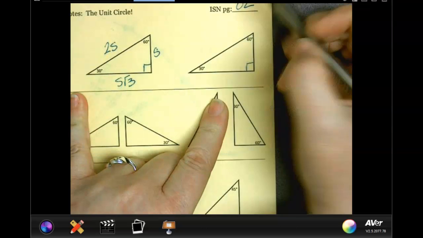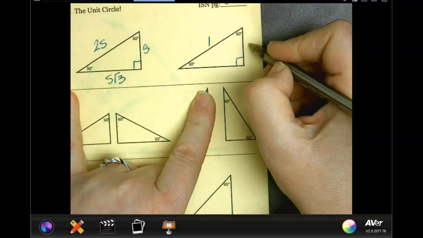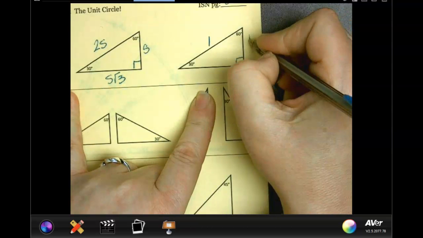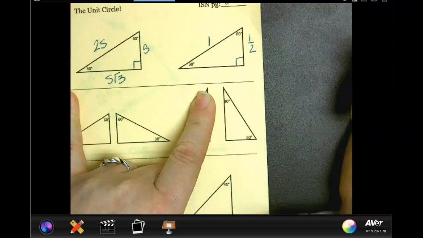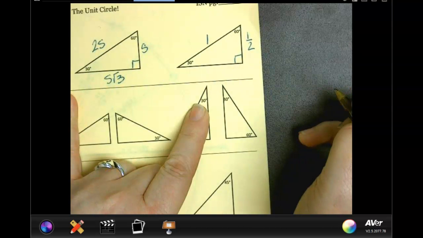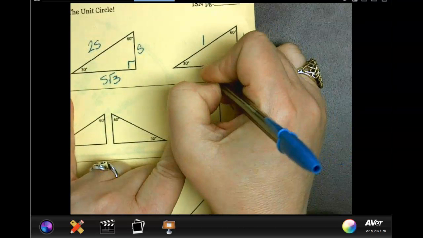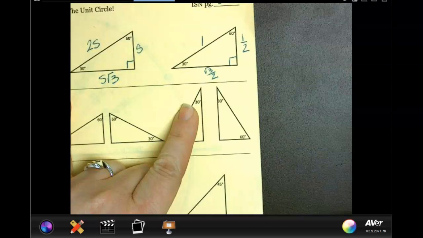But if I want my hypotenuse to be 1, what would the length of the short leg be? 1/2. And then what would be the length of the long leg? 1/2. Good. So it'd be square root of 3 over 2. Okay? Does that make sense?